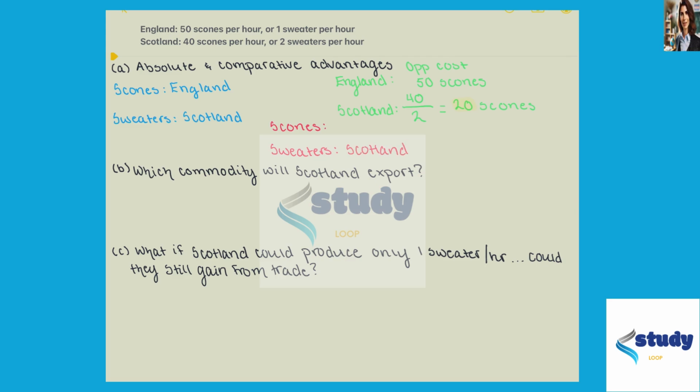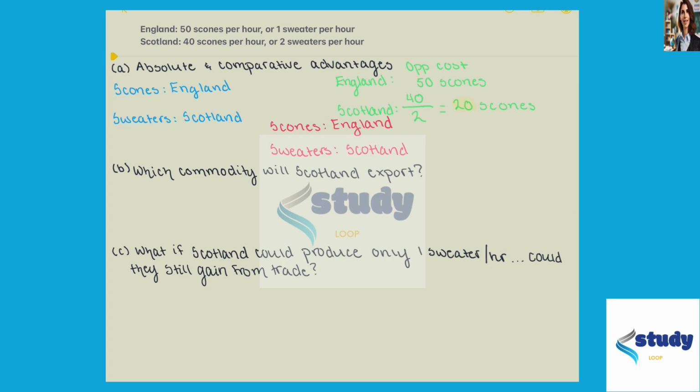And now for scones, we could recalculate opportunity costs, or we can just understand that the same country is not going to have a comparative advantage in both goods, meaning that inherently England must have the comparative advantage in producing scones. So we can save ourselves some time on calculations by just understanding that England would have that comparative advantage.